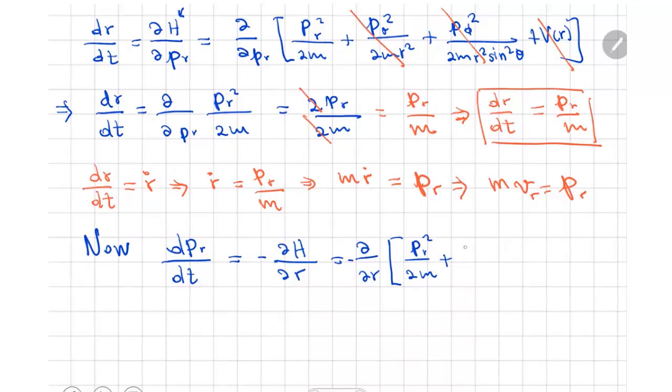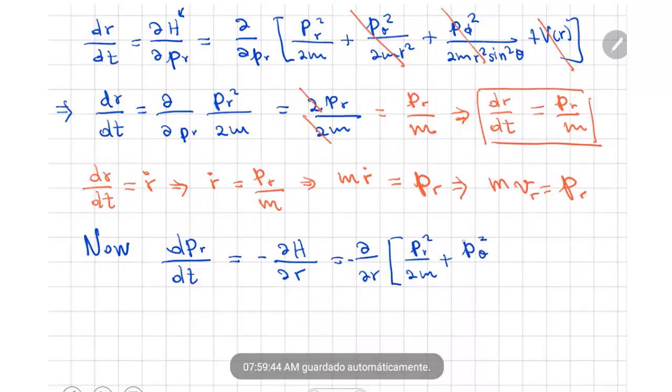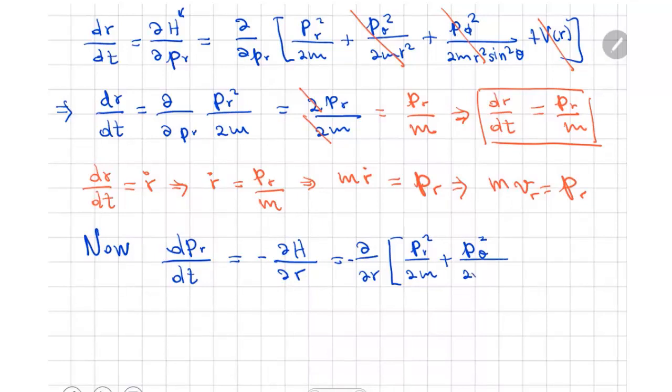plus p_theta squared divided by 2m r squared, plus p_phi squared divided by 2m r squared sine squared of theta, plus V(r).